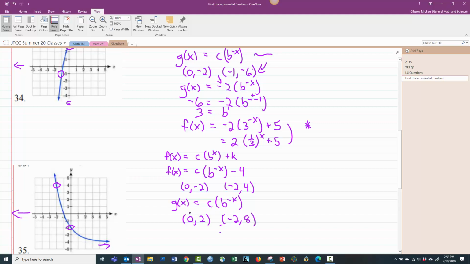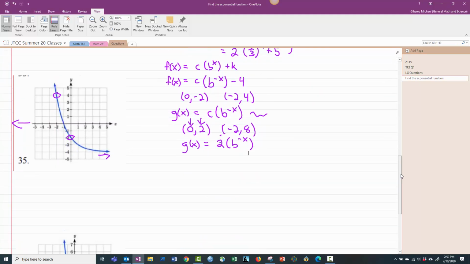All right, again, here's where x is 0. There's no vertical shift, so we can read the c right off. It's 2. So my g of x is now 2 b to the -x. All right, let's slide this down a little more, get a little more space to write. Okay, now again, we're almost done. Got to plug in the point we haven't used.